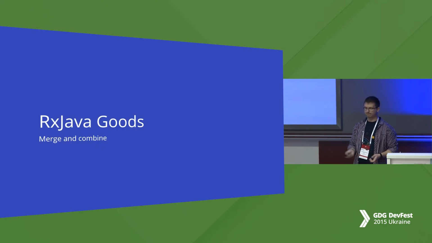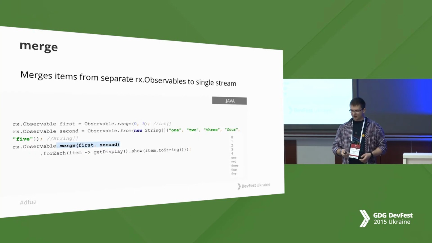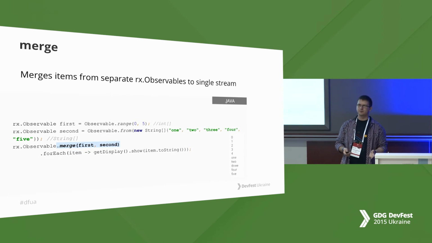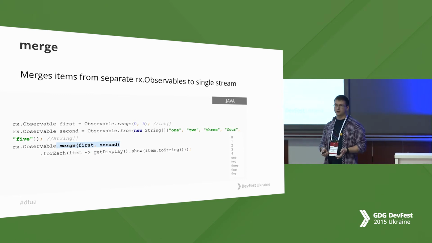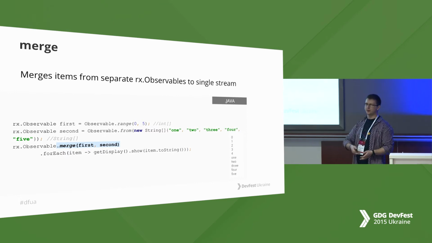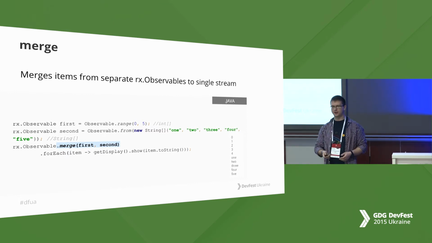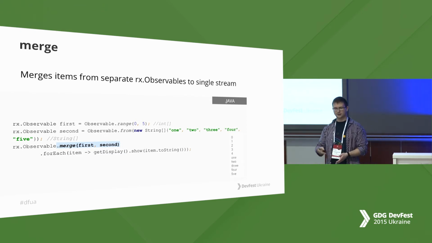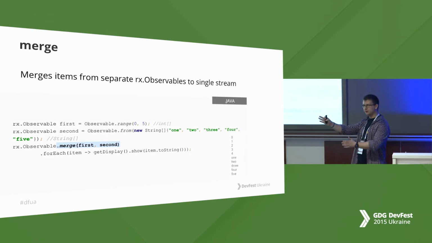Merge and combine. Merge. Sometimes we have not one, but multiple sources of events, and sometimes we need to join them. Obviously, we can use some blocking operation and then do a lot of stuff, but RxJava gives us ability to merge them directly.